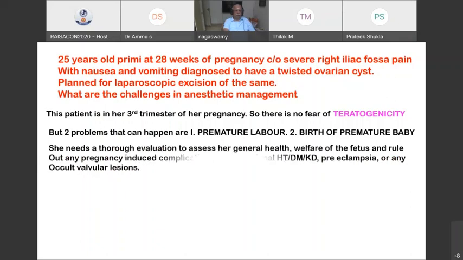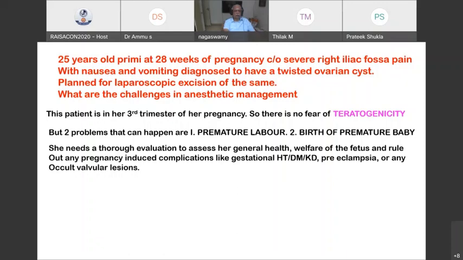So she needs a thorough evaluation to assess her general health, the welfare of the fetus, and rule out any pregnancy-induced complications like gestational diabetes, gestational hypertension, kidney diseases, preeclampsia, or any other occult valvular lesions like hidden mitral stenosis.